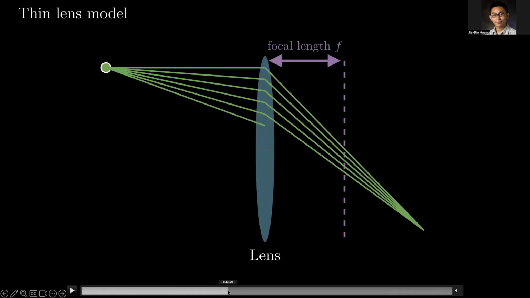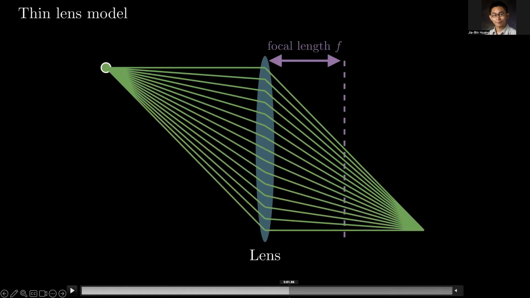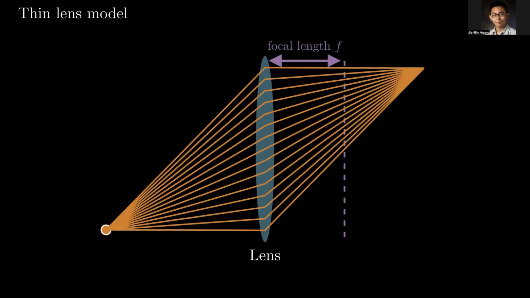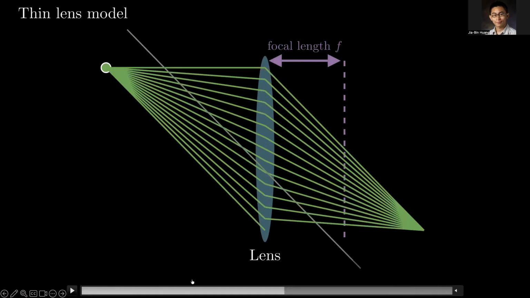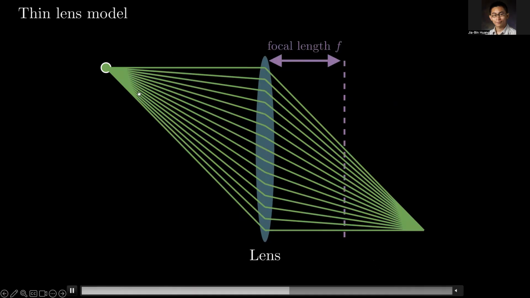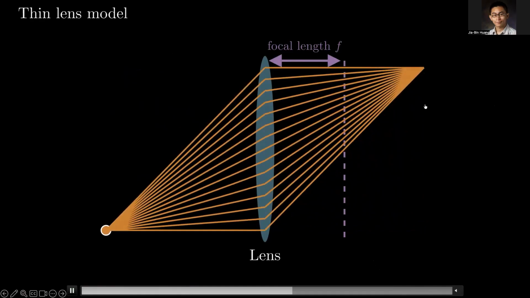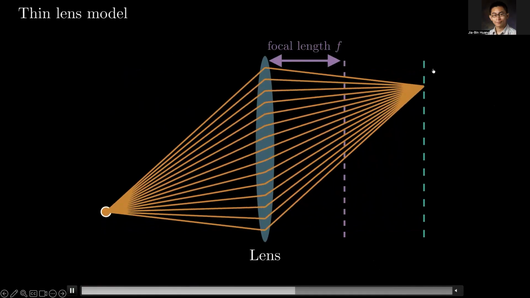Okay, let me fast forward. You can draw this one. All right, so now it's good, right? With the thin lens model, for any point on this one, you can converge to here. This is where the object will be focused.